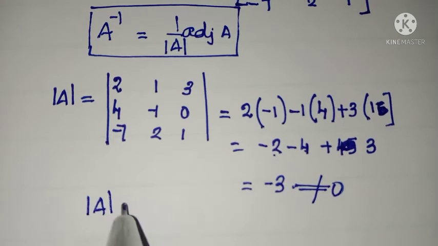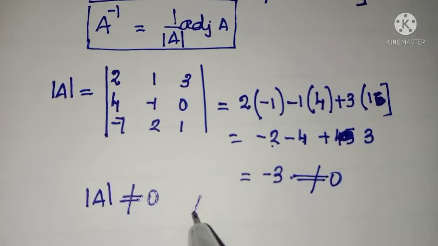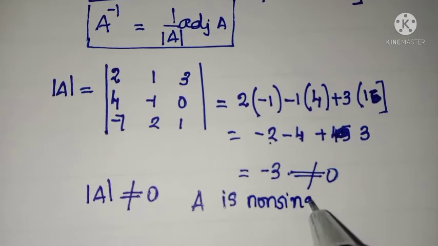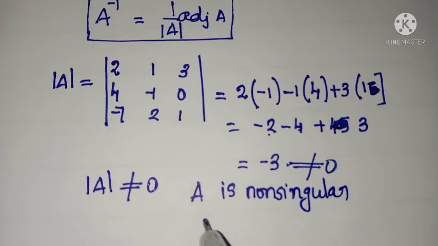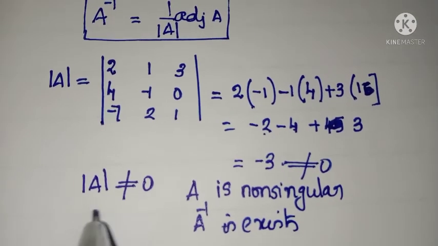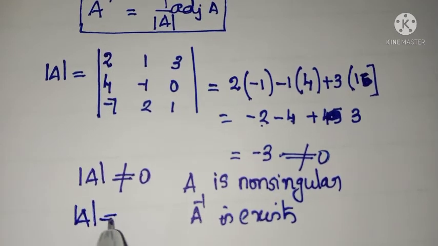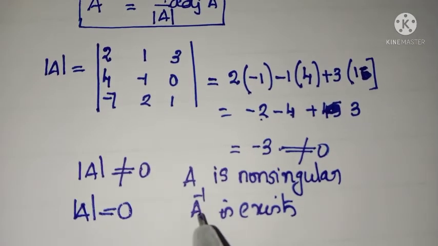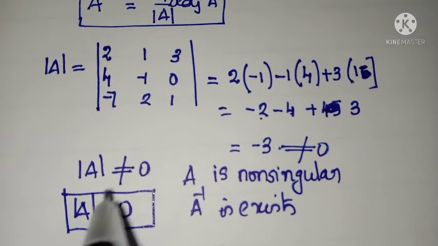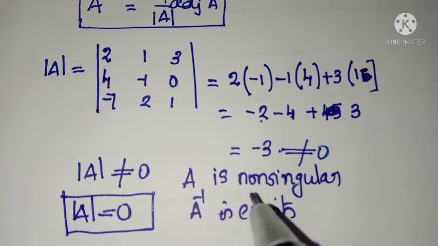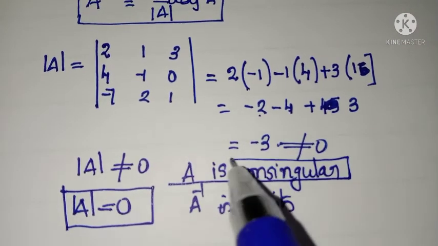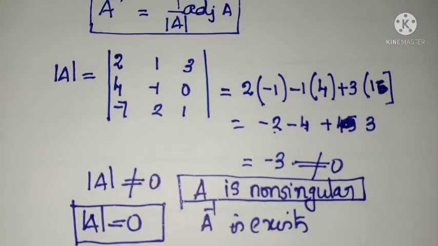Listen, determinant A not equal to 0 means the given matrix is non-singular and therefore A inverse exists. Okay, A inverse exists. Listen, if it is singular, singular means determinant A equal to 0, then A inverse doesn't exist. So first we have to see whether the matrix is singular or non-singular. If it is non-singular, then only inverse of the matrix exists.